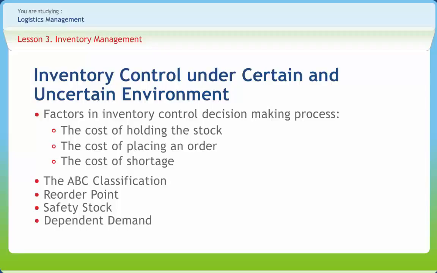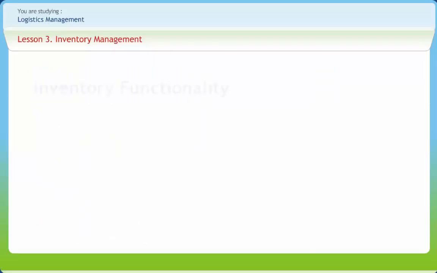The risk of carrying additional inventory depends on the nature of the demand, which may be dependent on other variables such as inflation rate, changes in habits and tastes, or independent of all such variables, as in the case of necessary goods.